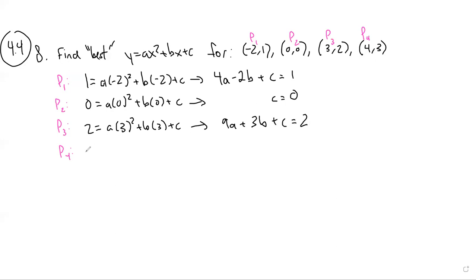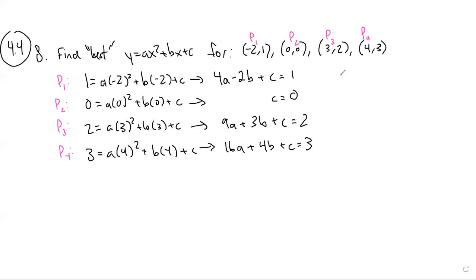And then finally the 4, 3. So when I plug in 4, I get 3. So I have 16A plus 4B plus C equals 3. And so this is a system of equations.